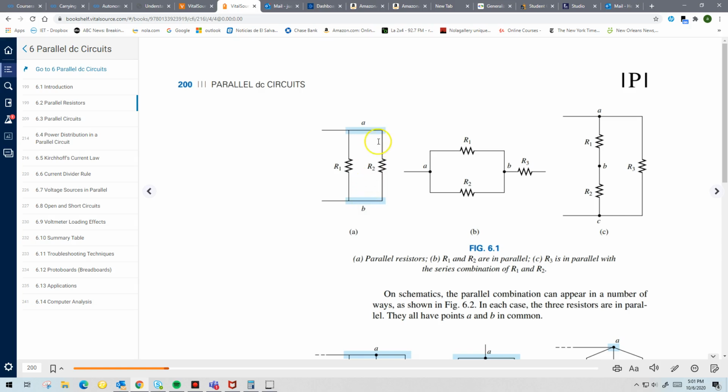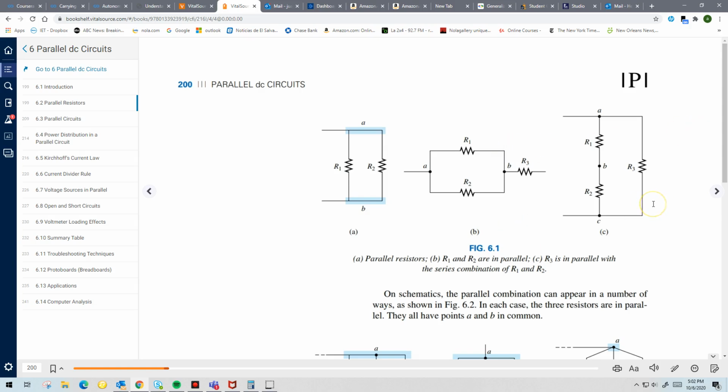So these two resistances share node A and share node B, so we can tell that those two resistances are in parallel. You can make the same argument with figure B, where R1 shares A with R2, and it also shares B with R2. So these two share the same two nodes. They share node A, and they also share node B.